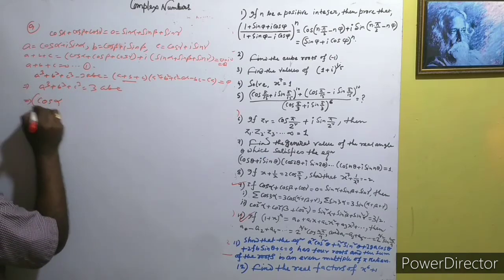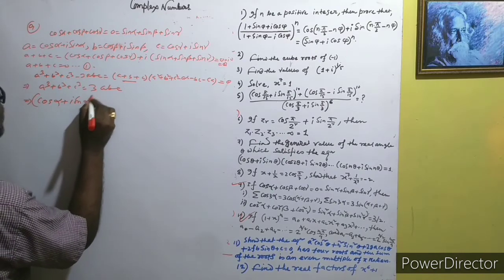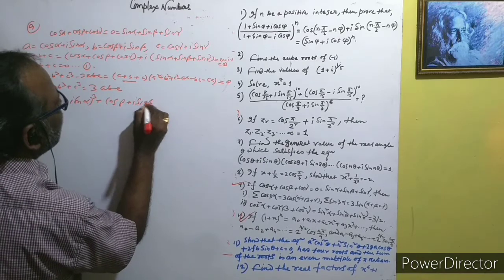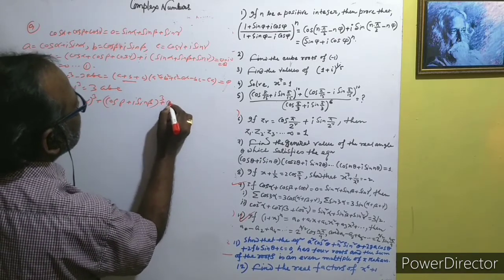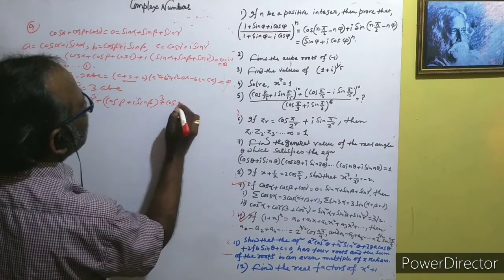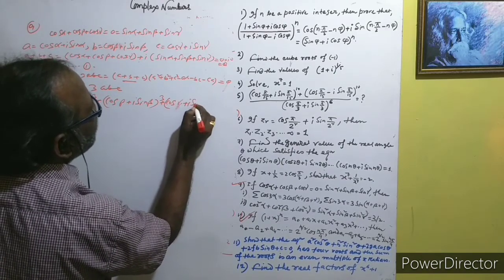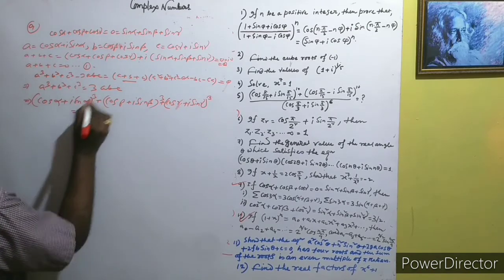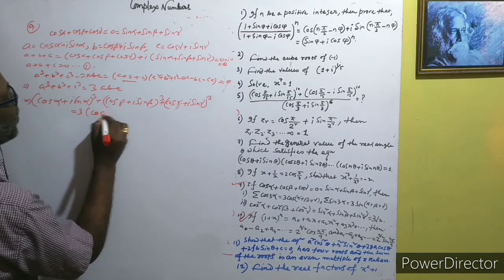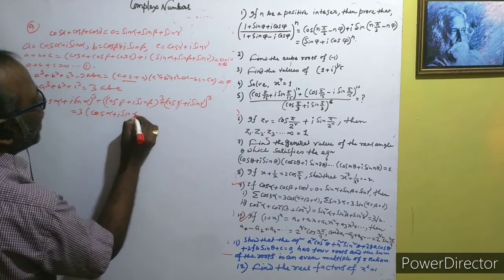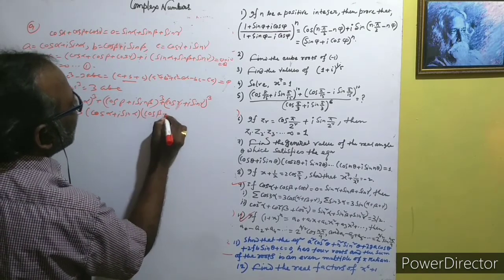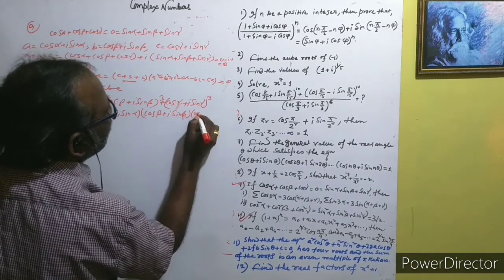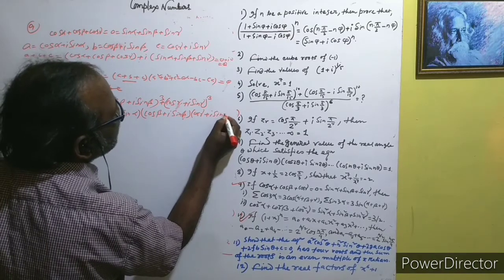That is cos alpha plus i into sin alpha whole to the power 3, plus cos beta plus i into sin beta whole to the power 3, plus cos gamma plus i into sin gamma to the power 3, equal to 3 times cos alpha plus i sin alpha, cos beta plus i sin beta, and cos gamma plus i sin gamma.